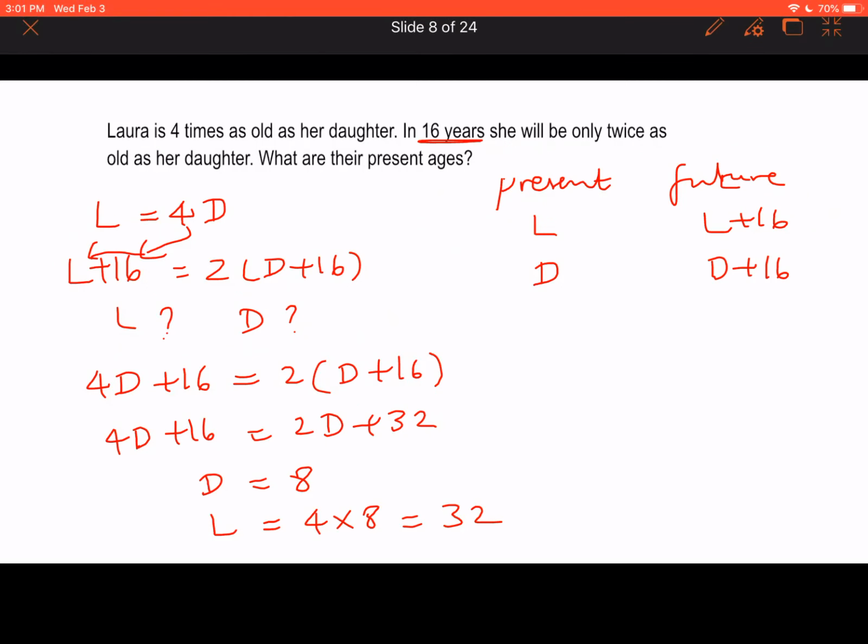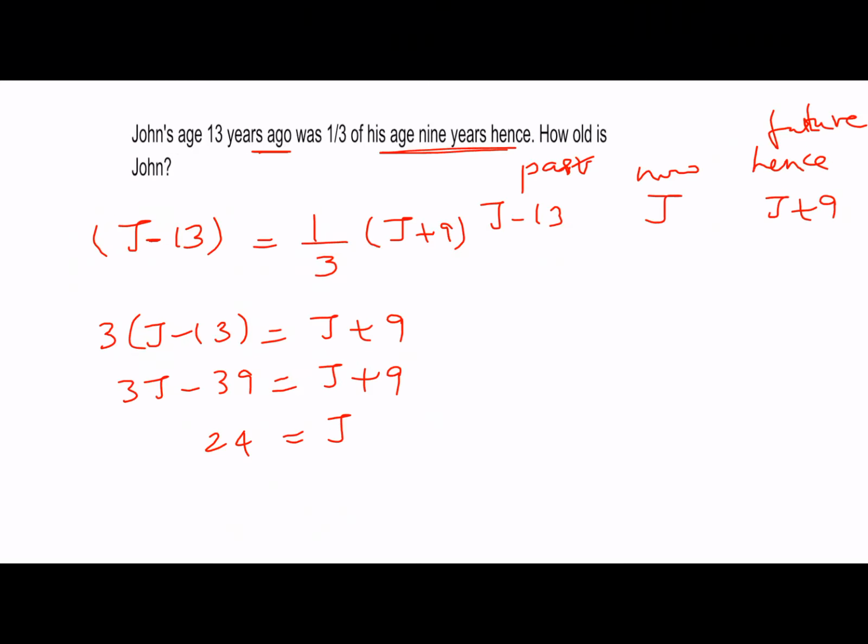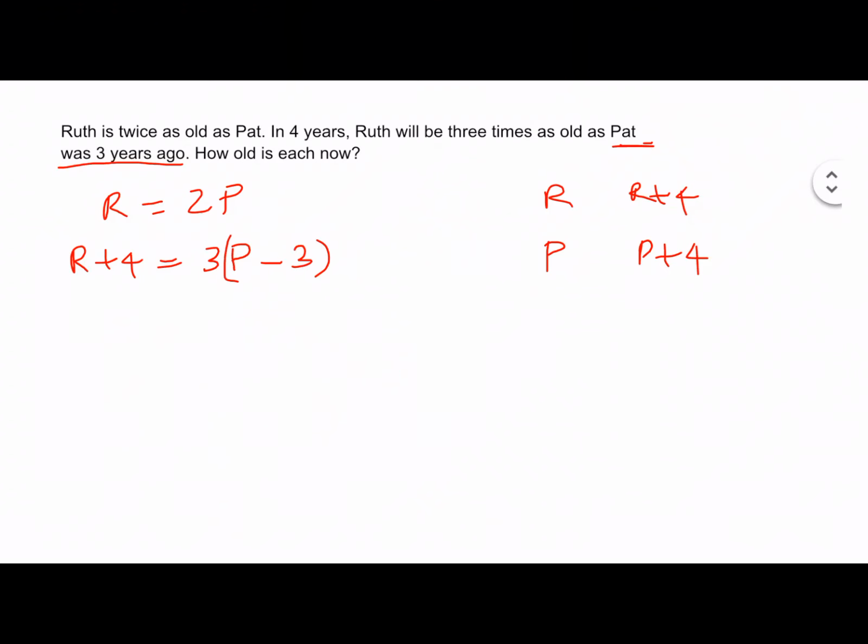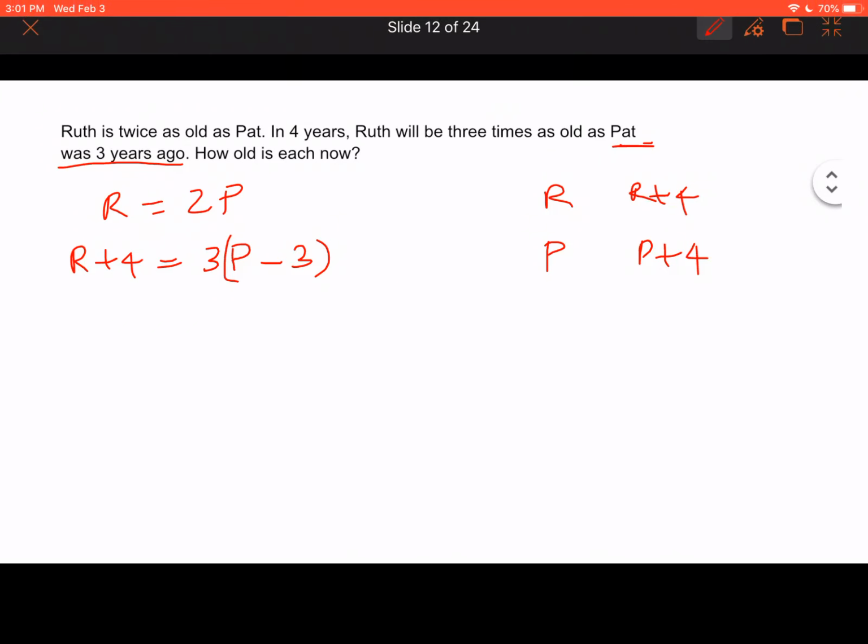But here in this problem it's given as old as Pat was 3 years ago, so we have to put P minus 3. This is a small difference but makes a big difference in the answer.